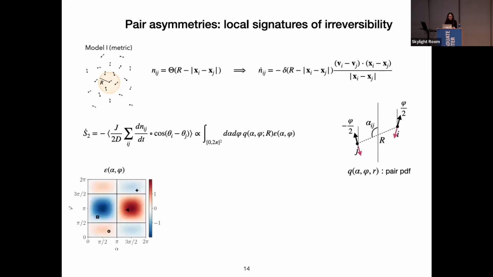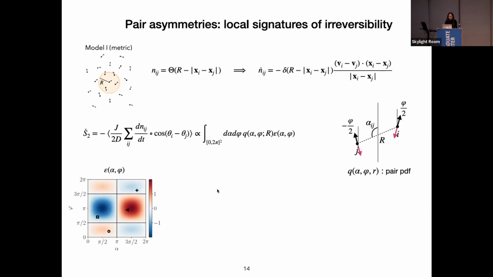And this means that we can rewrite the expression for the entropy production rate as an average over the distribution of pairs of particles of this entropy production rate per pair that has this functional form plotted here, which obviously is completely anti-symmetric under horizontal shifts of pi, because this is the action of the time reversal operator.